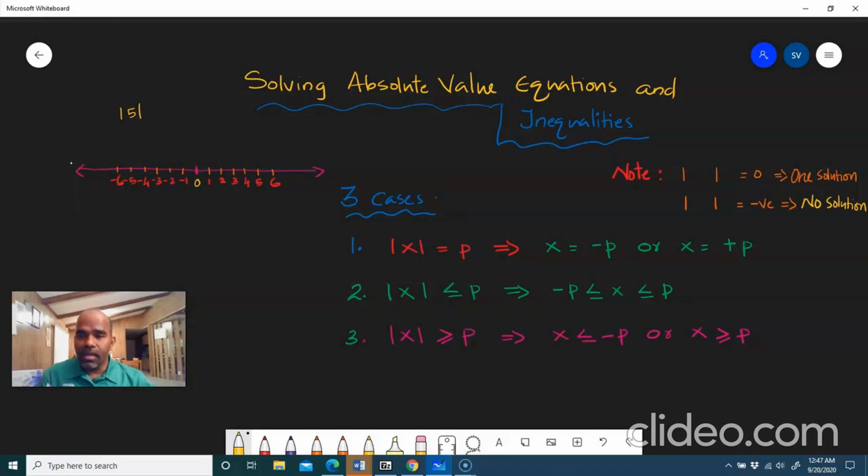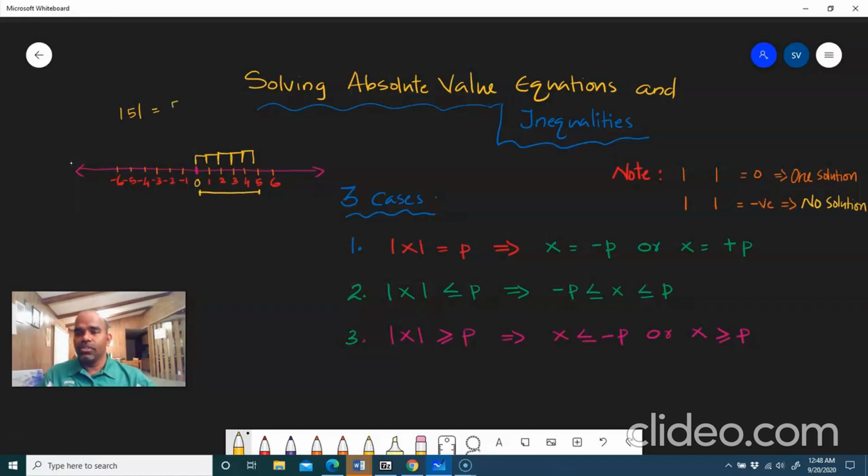How many units away from 0? 1, 2, 3, 4 and 5 units. So this 5 is 5 units away from 0. So we found that this is the absolute value of 5.